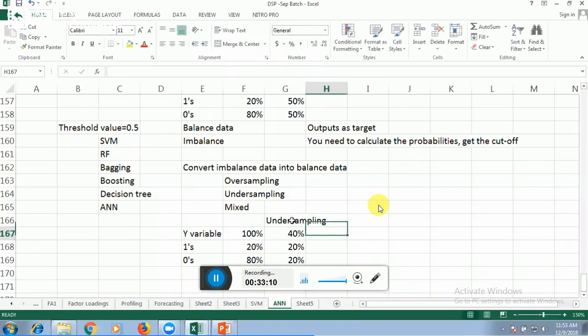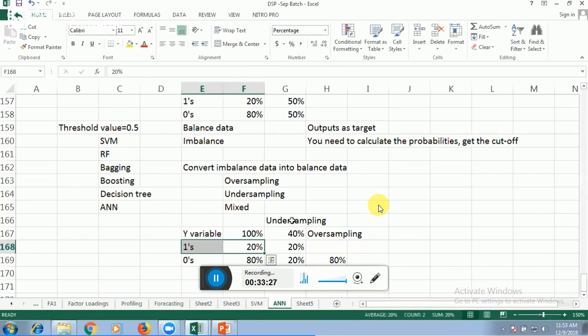Then what is oversampling? You take the 80% of this data as it is, and for the ones you take duplicates.